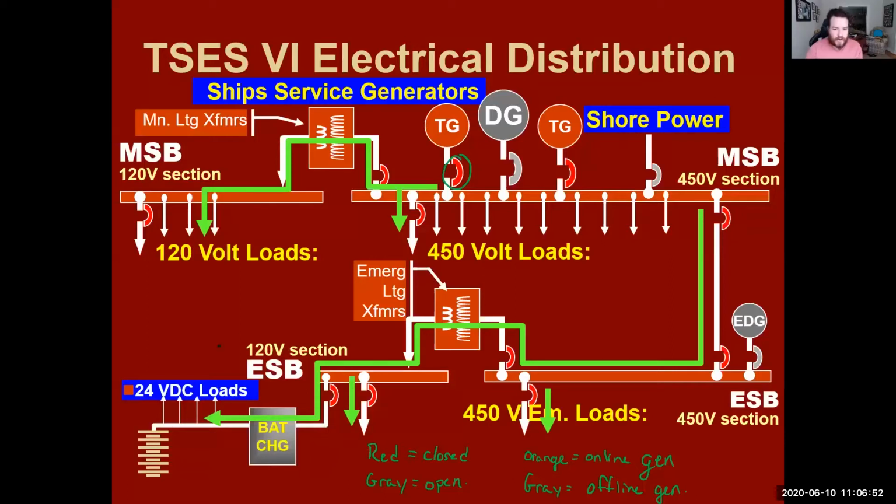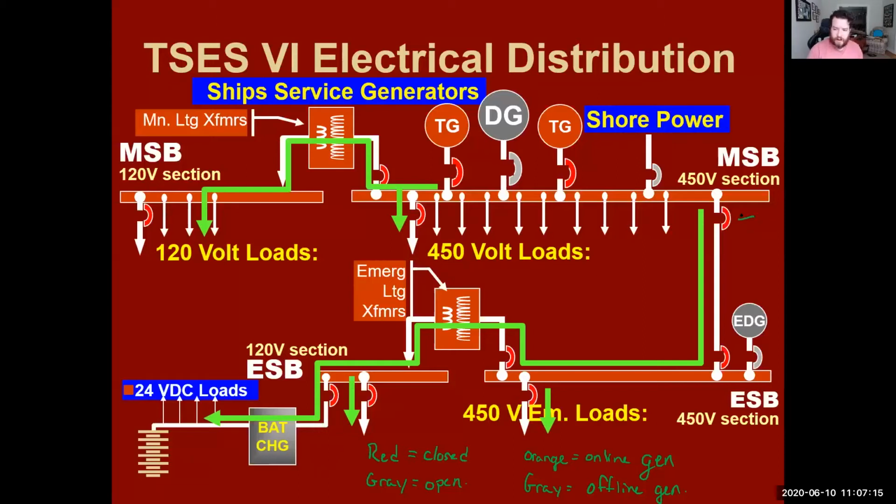So normal operations: you have your TGs both online, your DG is offline, normal power is flowing through, our 450 volt is happy, we're sending power to our pumps. Our lighting circuit is closed, we are sending out our lighting circuit on our main switchboard.